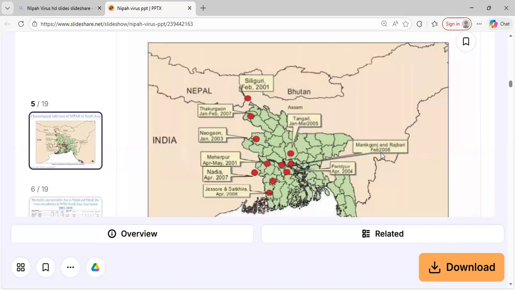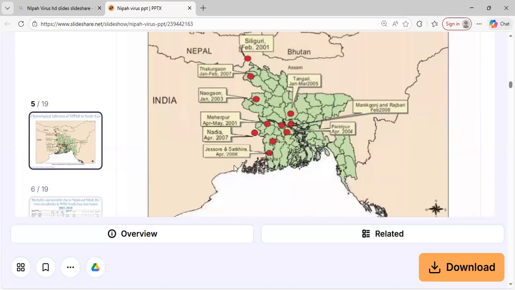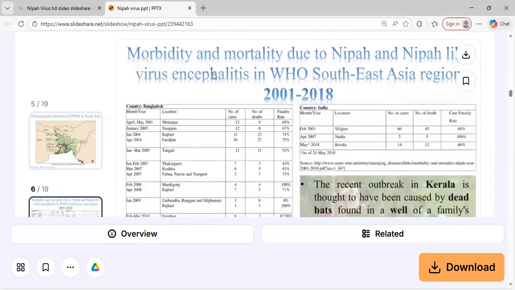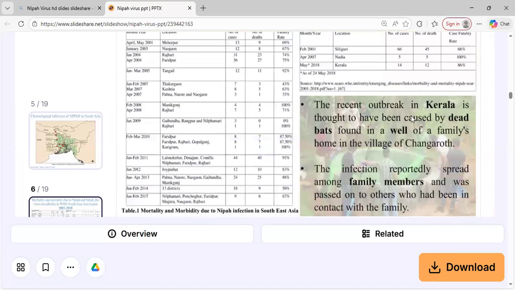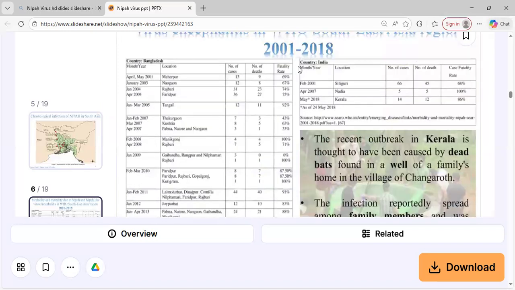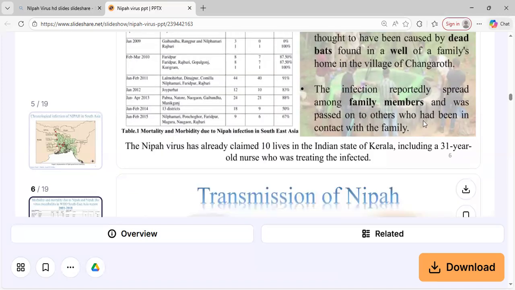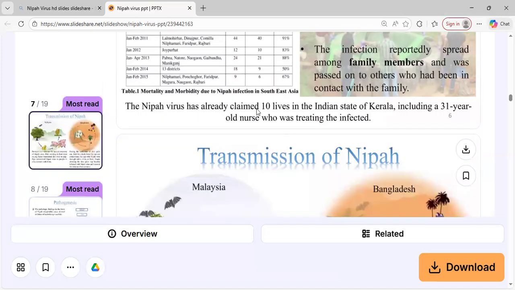Coming to the morbidity and mortality rates due to Nipah from 2001 to 2018, we can see these rates. The recent outbreak has been seen in Kerala and is thought to have been caused by dead bats. The infection reportedly spread among family members and was passed on to others who had been in contact with the family.